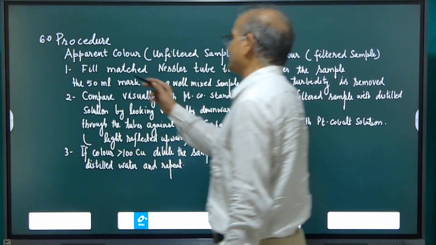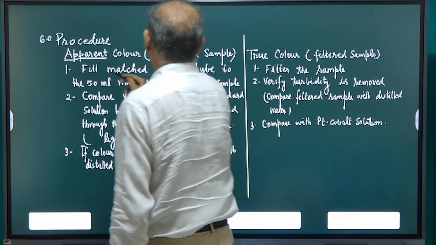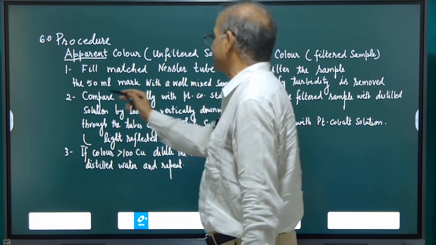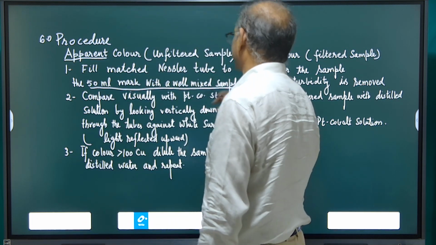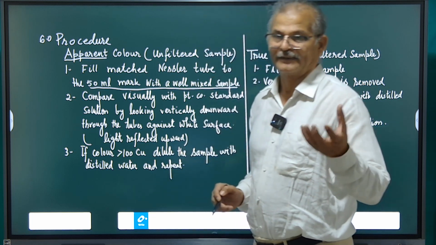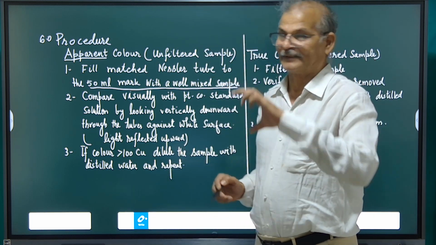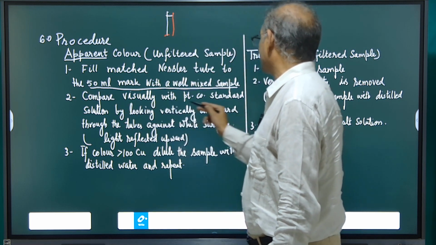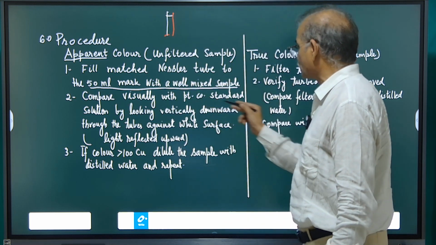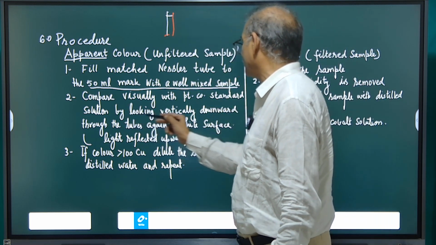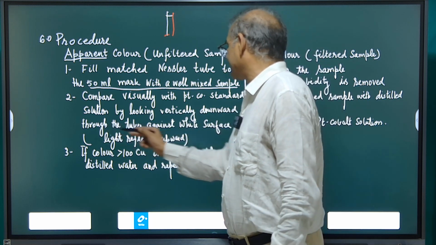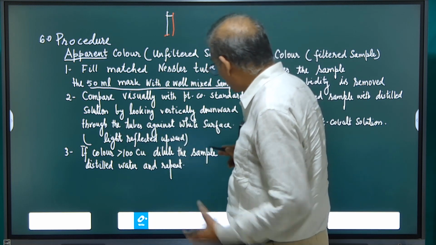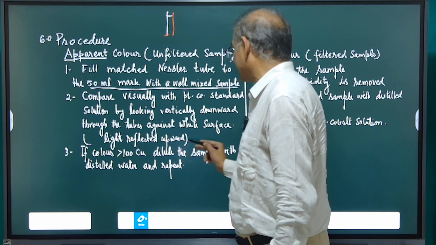Procedure for apparent color: fill a moist Nessler tube to the 50 ml mark with the well mixed sample. The raw sample which we got, with that we fill the Nessler tube up to 50 ml. Compare visually with the platinum-cobalt standard solution by looking vertically downward through the tubes against a white surface, light reflected upward.